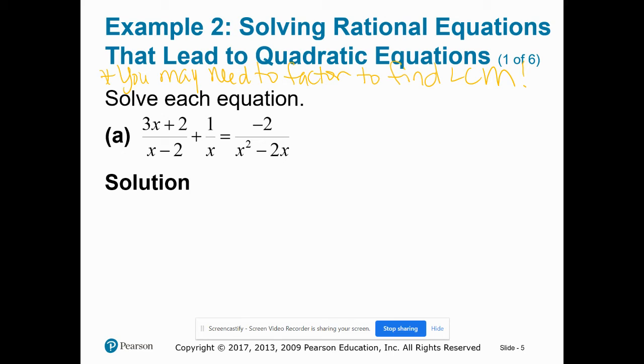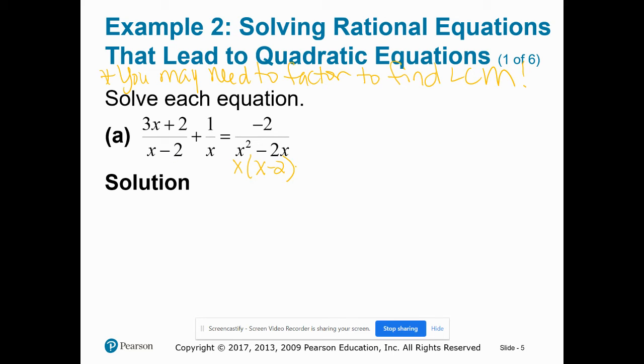And so as I'm looking at our denominators, we have x minus 2, we have x. This one over here, x squared minus 2x, I need to factor. And that's going to be pulling out a greatest common factor of x, and we're left with x minus 2.